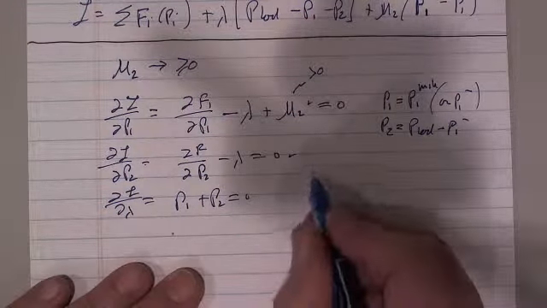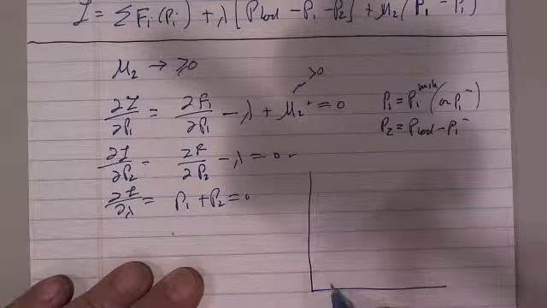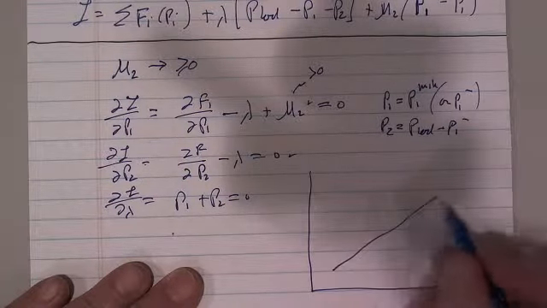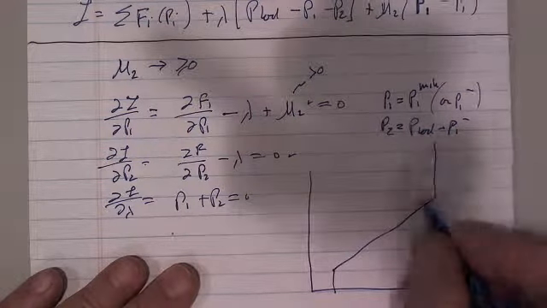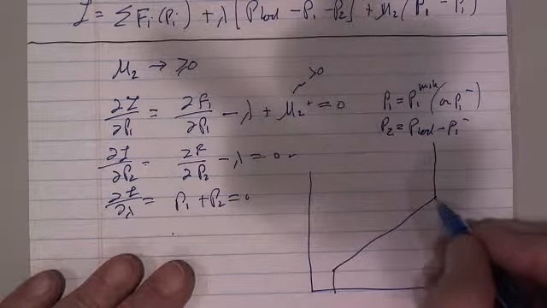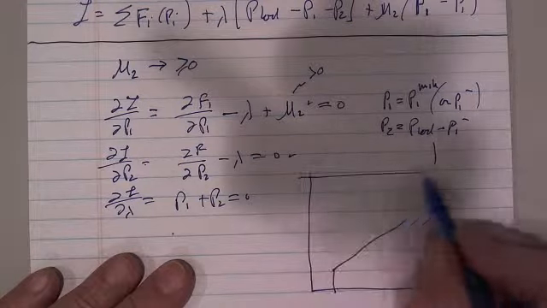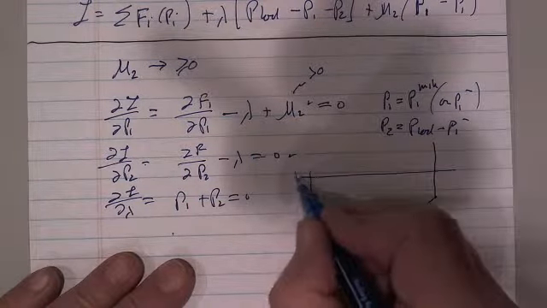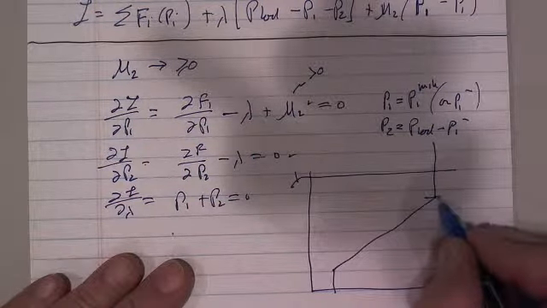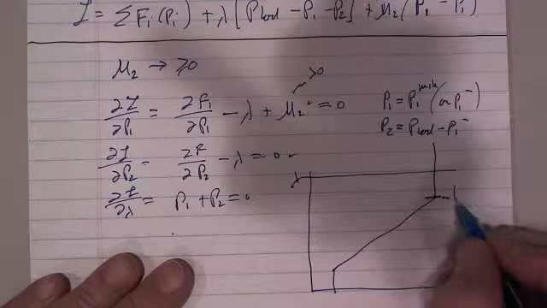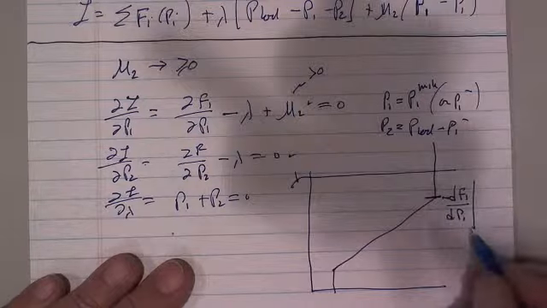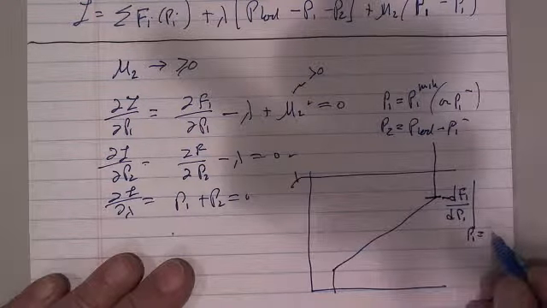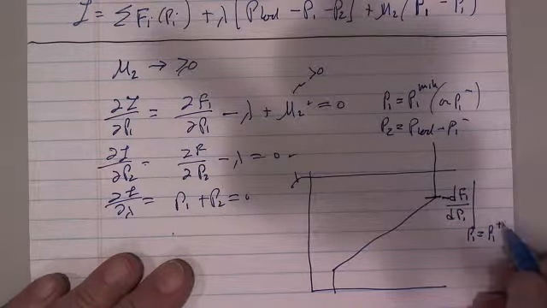And the way it will look is like this. Here's the segment for that generator, and here's the upper and lower limits, and lambda will be up here.